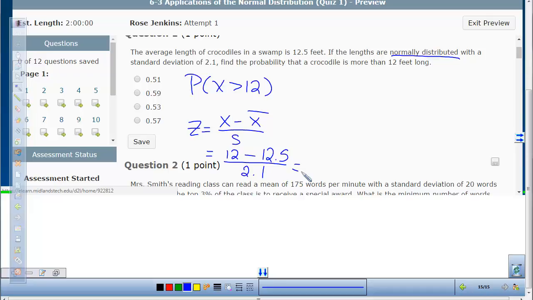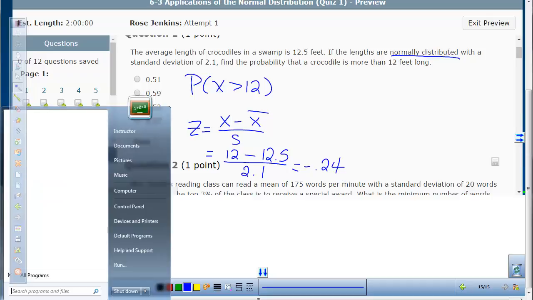Okay, when I do that on my calculator, I get negative 2.4. We're going to round our z-scores to 2 decimal places. That's negative 0.24. Okay. So from there, I'll use my calculator.